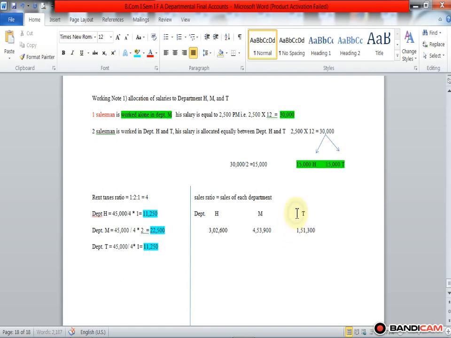On the basis of this information we calculate the ratio.